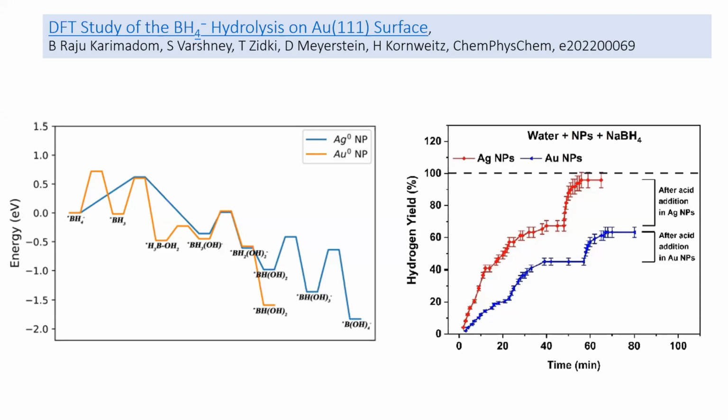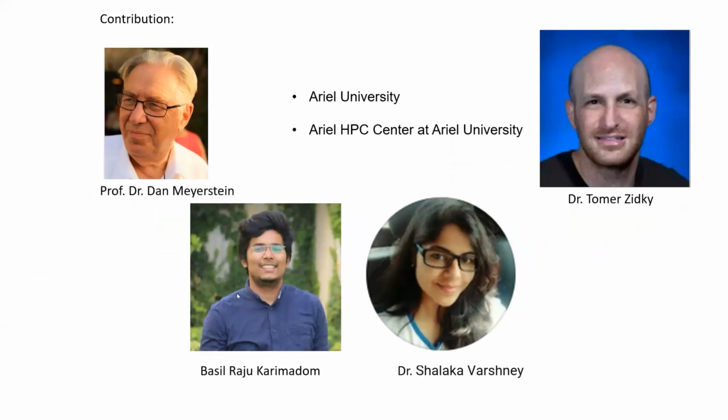but we do not get 100% yield, and that's because the BHOH twice on the surface is very stable and is not hydrolyzed even in an acidic solution.